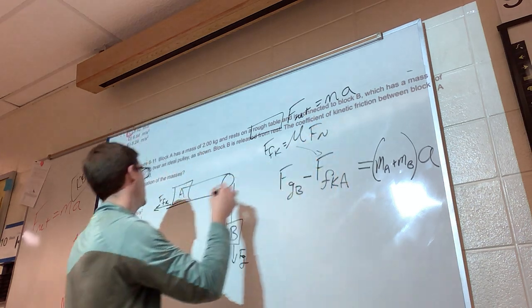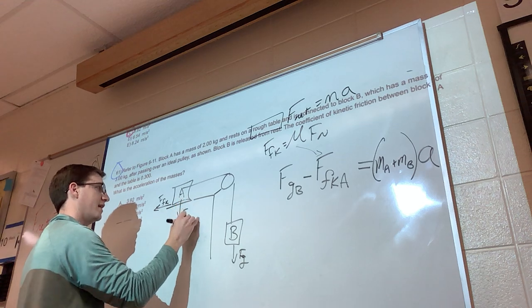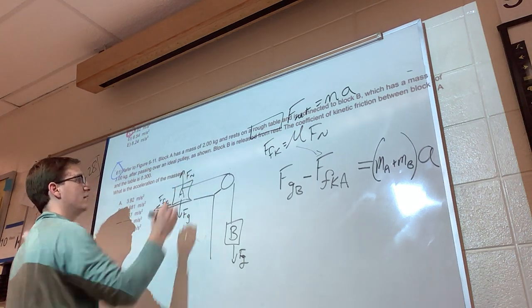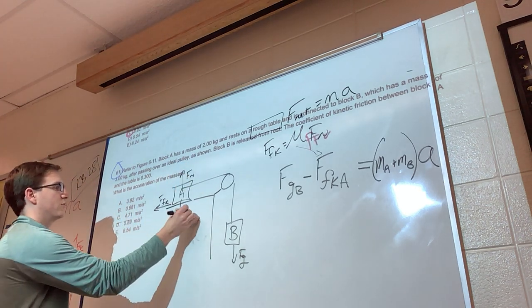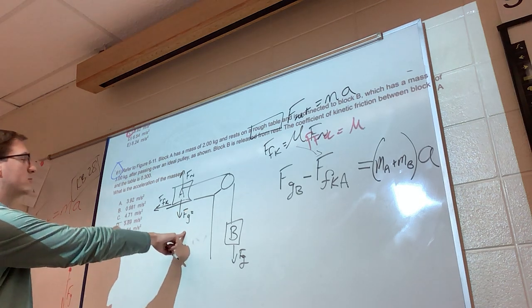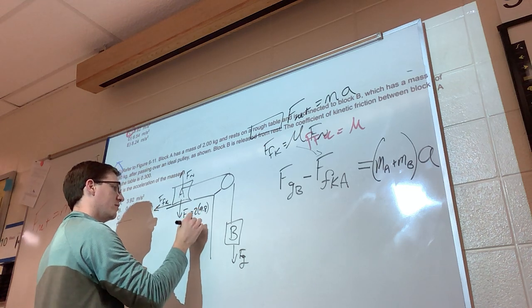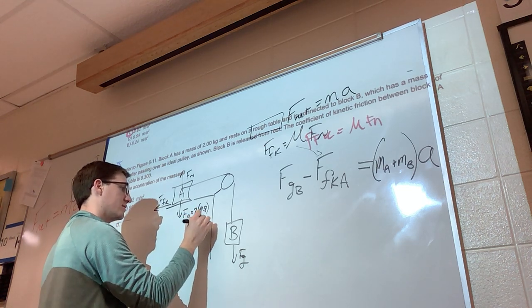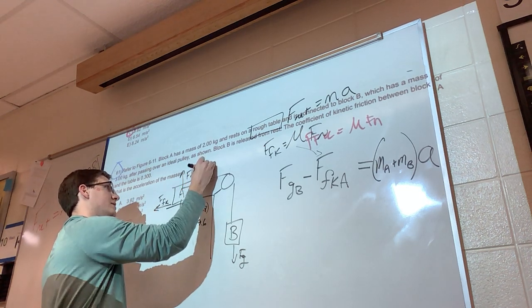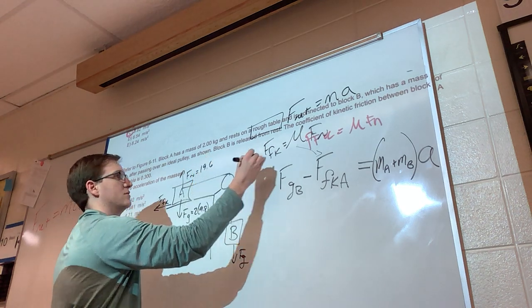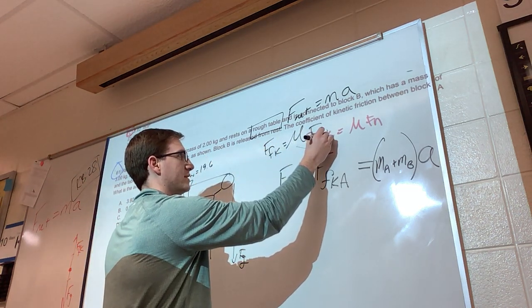So I have to know this one has its Fg and its Fn. First I figure out Fg for this is 2 times 9.8, so that's 19.6.